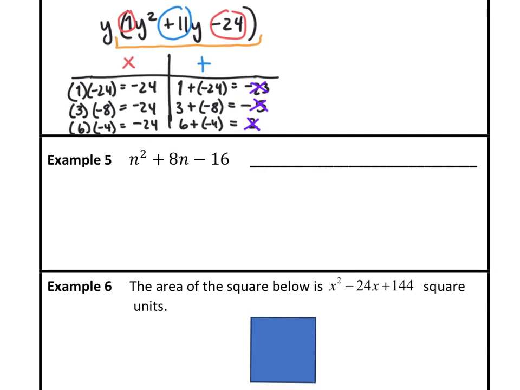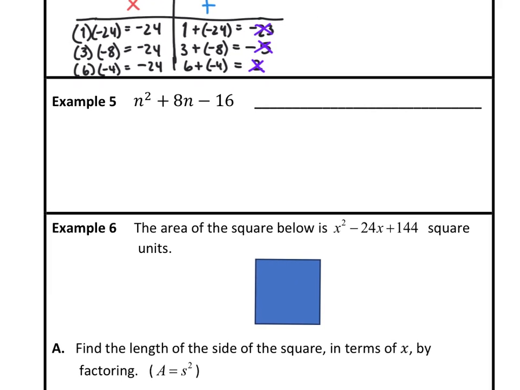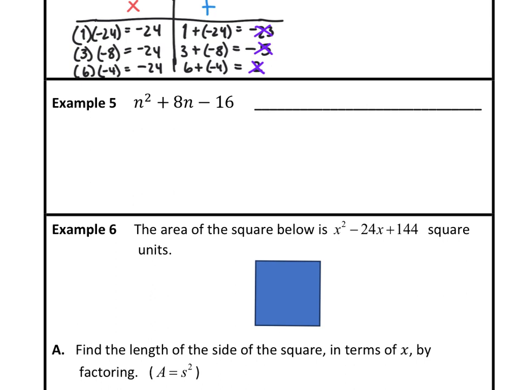Okay, let's go to example 5, and then we'll do the word problem at the end. Okay, so example 5, it has 3 terms. I don't think it has a GCF. Let's see. Do they all have an n?